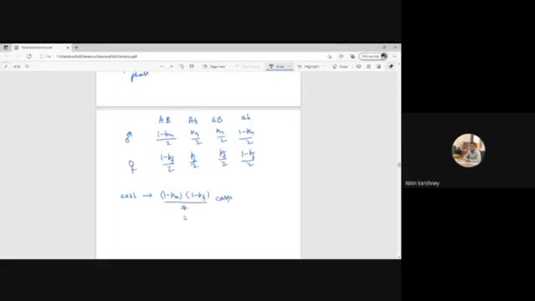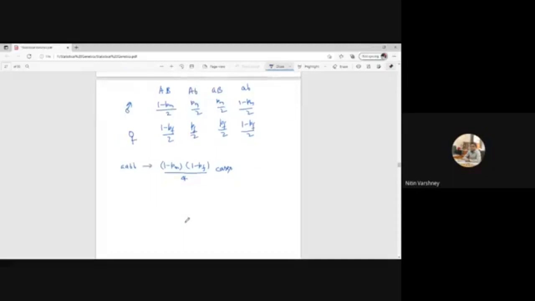So in such cases, this aabb will be there, and the total probability of A_B_ type is 1 by 4 irrespective of linkage. If there is no linkage, then the probability will be 1 by 4.